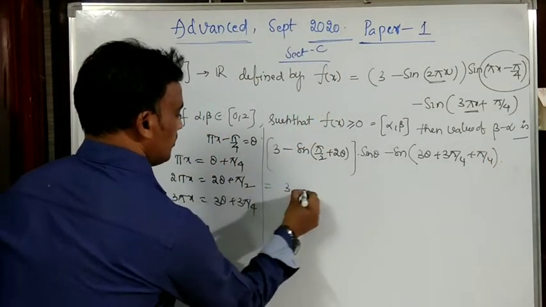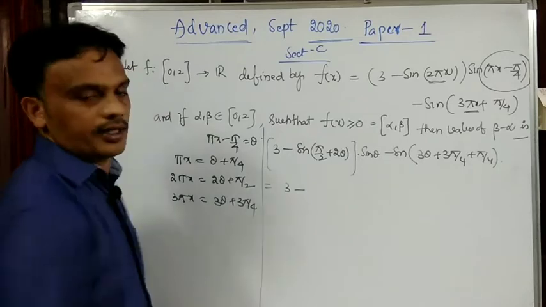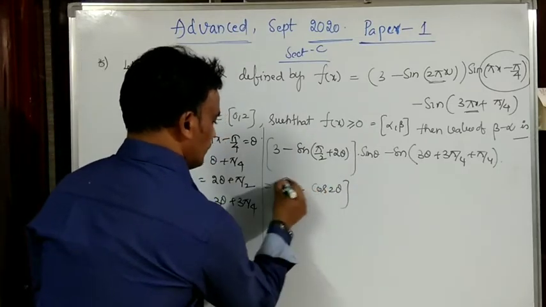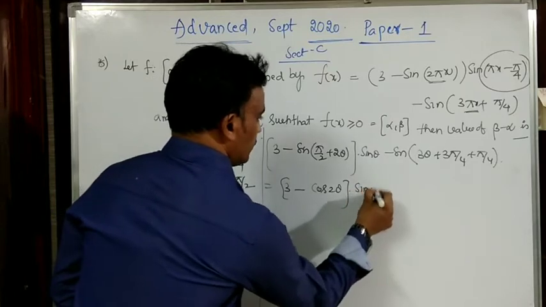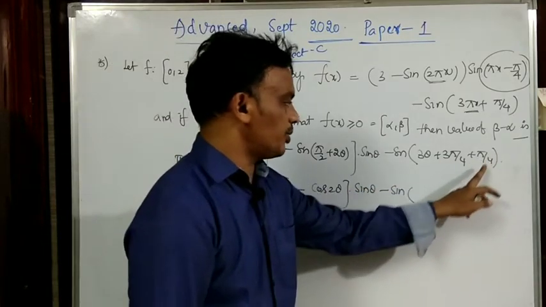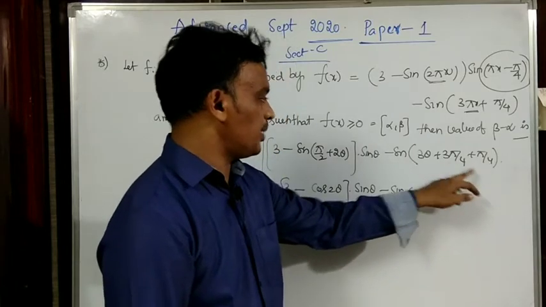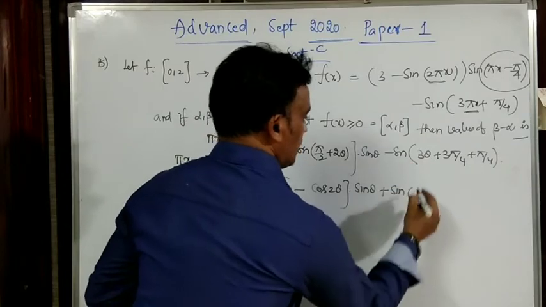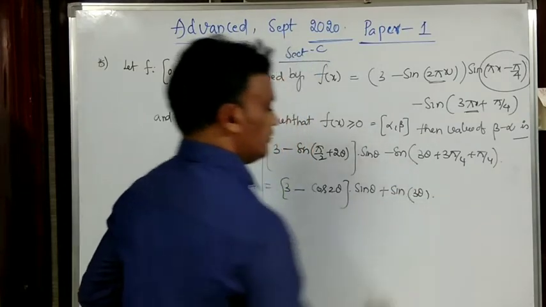This is 3 minus sin(90 plus theta) is cos theta, which is cos 2 theta times sin theta, minus sin of 3π/4 plus π/4, that is 4π/4, π plus 3 theta, sin(180 plus theta) is minus sin theta, so I can write plus sin 3 theta.